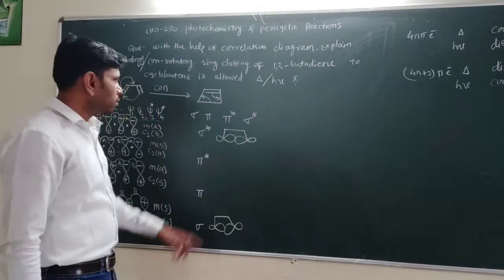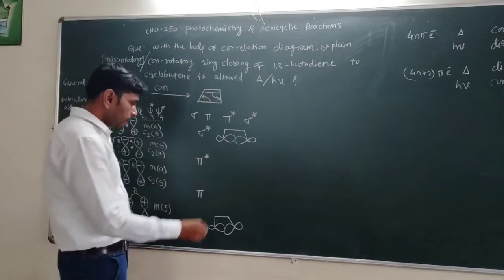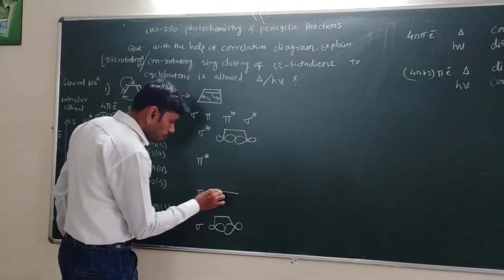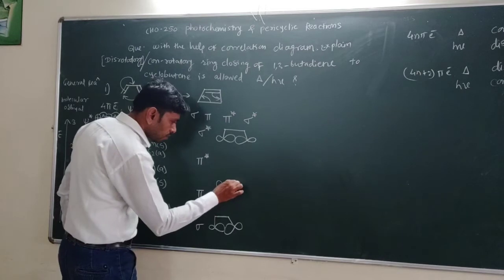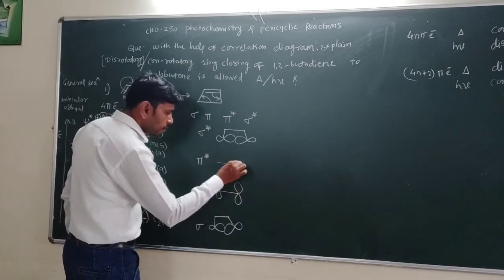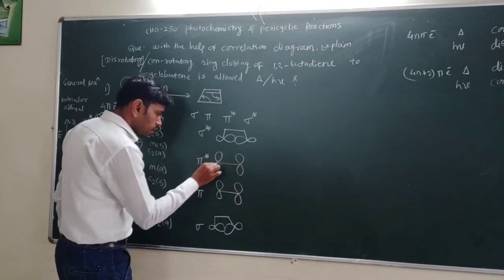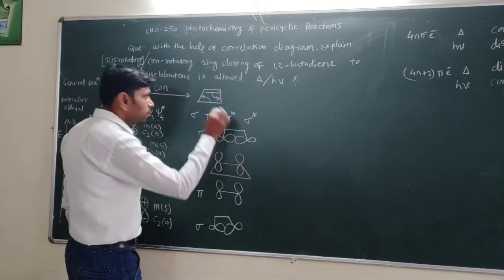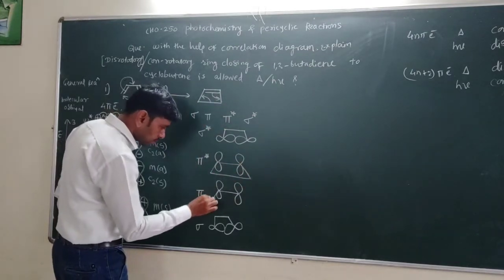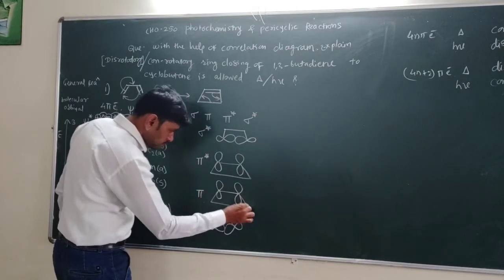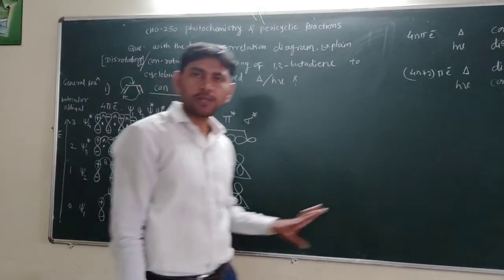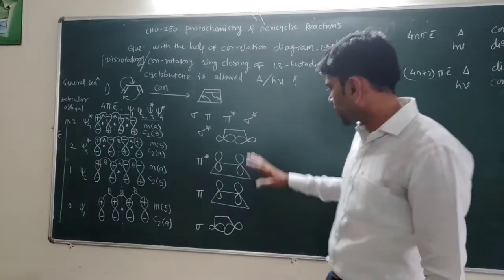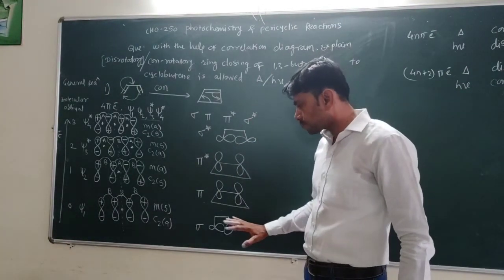How many pi? Two pi electrons. So the pi orbitals are shown in this way: one pi and another pi star. You can show them in this manner, or you can show the product structure like this, or simply show two orbitals. So these are four.